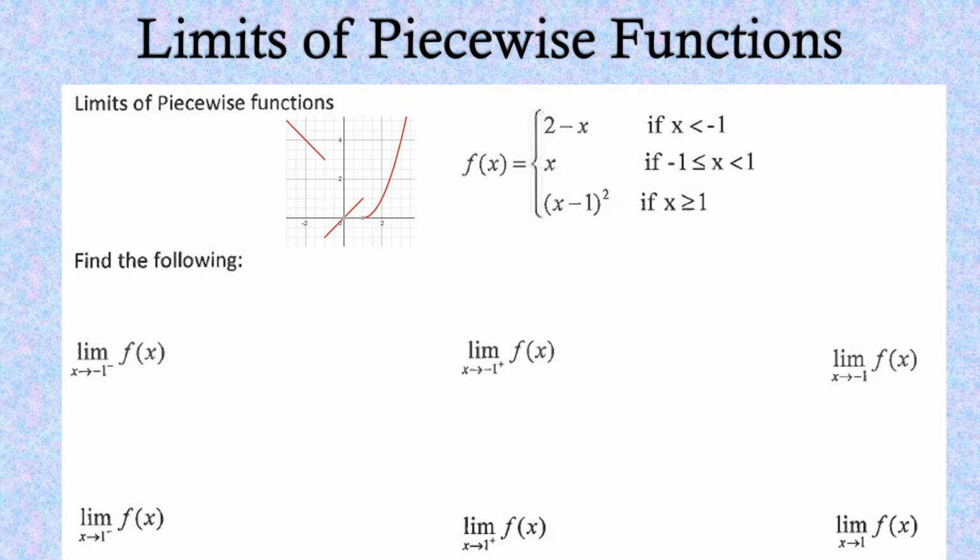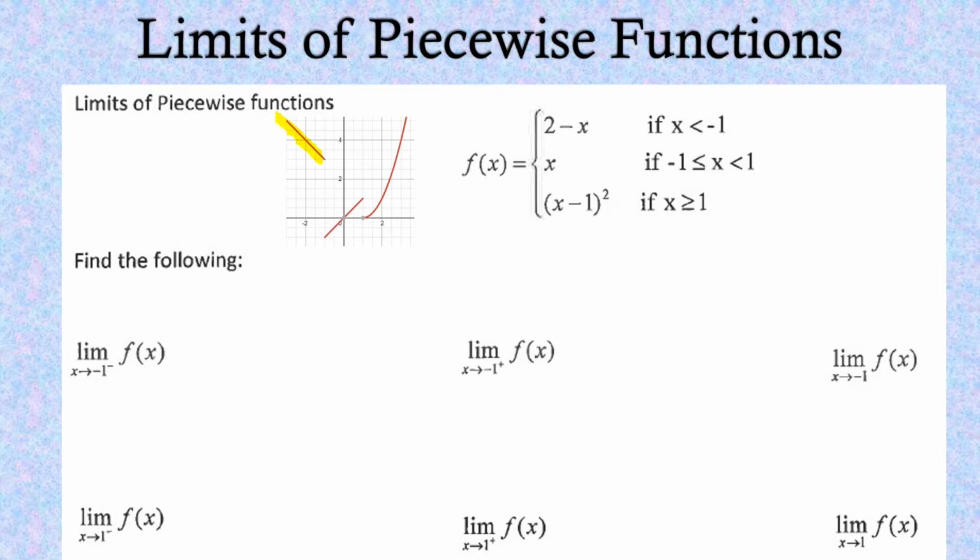So notice in this first question where we're asking for the limit as x approaches negative 1 from the left, what we're looking at is this piece of the graph. And we can see that as it comes to negative 1, it's going towards 3.